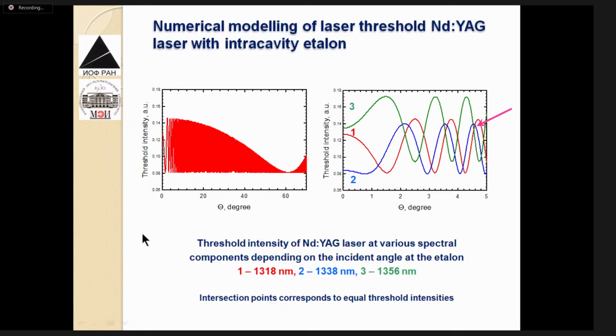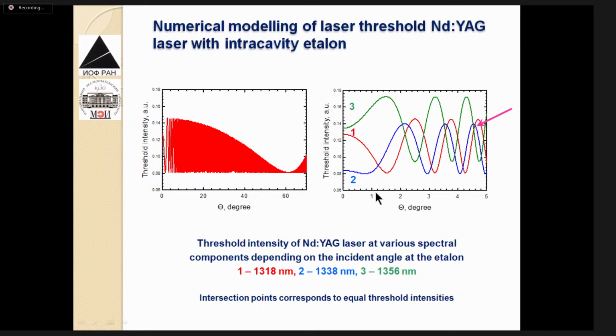So here is the slide that gives us the values of the threshold intensity of neodymium YAG at different spectral components. Here we can see that the threshold oscillates and increases almost twice, from 0.08 to 0.14. This was made for 1318 nanometers. And here are the dependencies of the thresholds for the other spectral components.